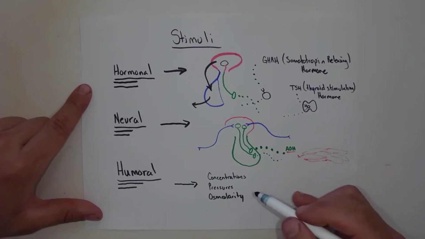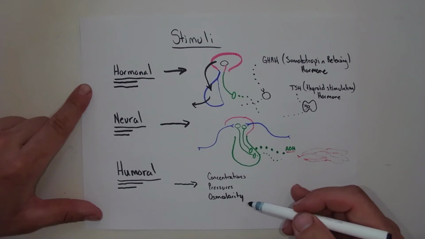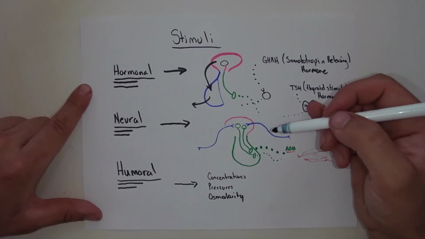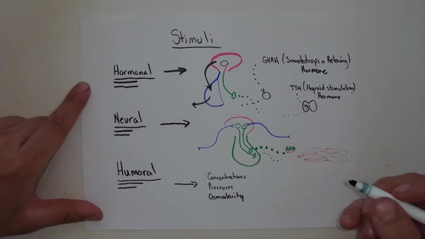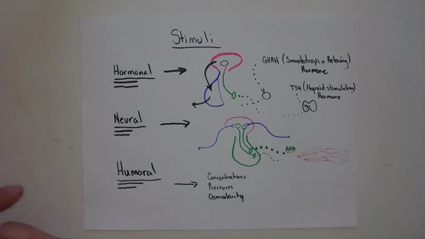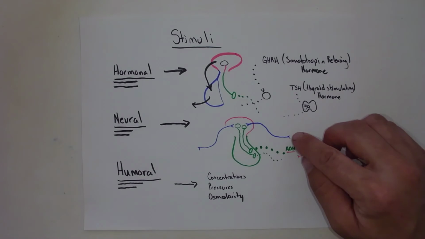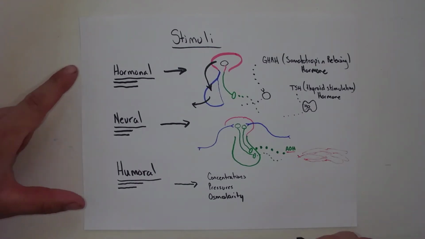These entities that aren't so easily identifiable can have an effect on the release of a hormone. So, for example, antidiuretic hormone is released from the posterior pituitary, not only in response to pain, but also in response to low blood pressure or low blood volume.